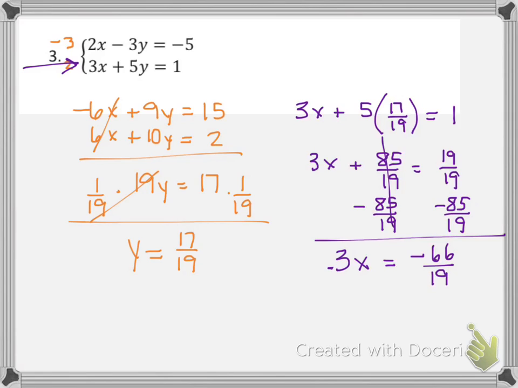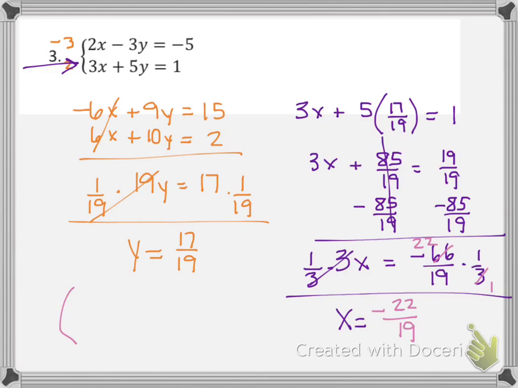Okay, and then I'm going to multiply by reciprocal, and that gives us x equals, well, I can simplify before I multiply, so I'm going to do that. Let's see, 3 goes into 3 once, and 3 goes into 66 22 times. And so I get a negative 22 times 1, that's negative 22, over 19 times 1 is 19. So that's my x value.